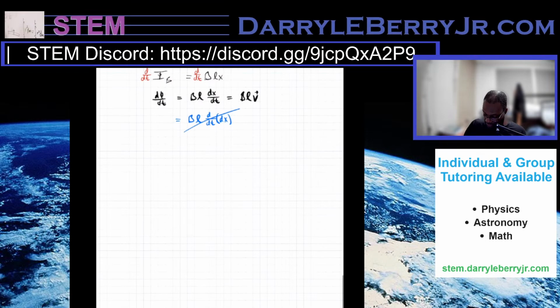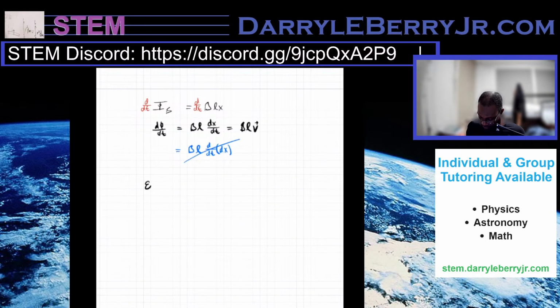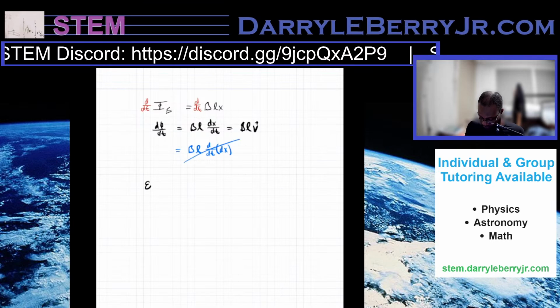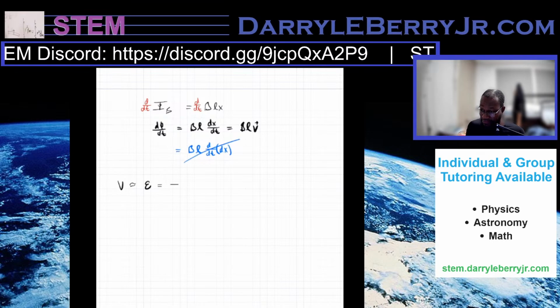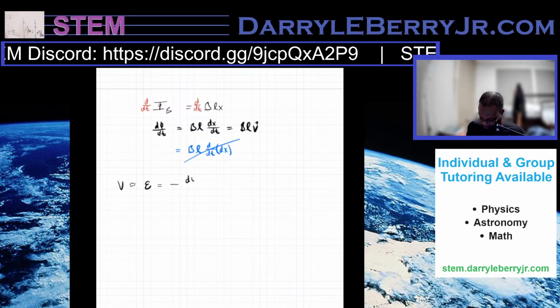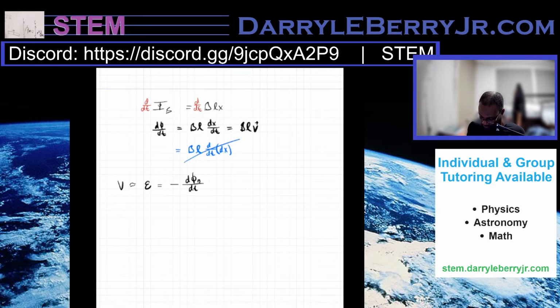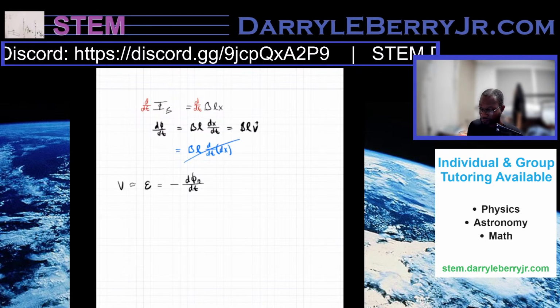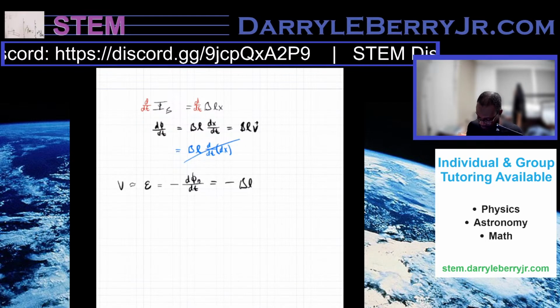And we also know that the electromotive force, which is similar to a voltage, is going to equal the negative derivative of magnetic flux. That's going to equal negative BLV.